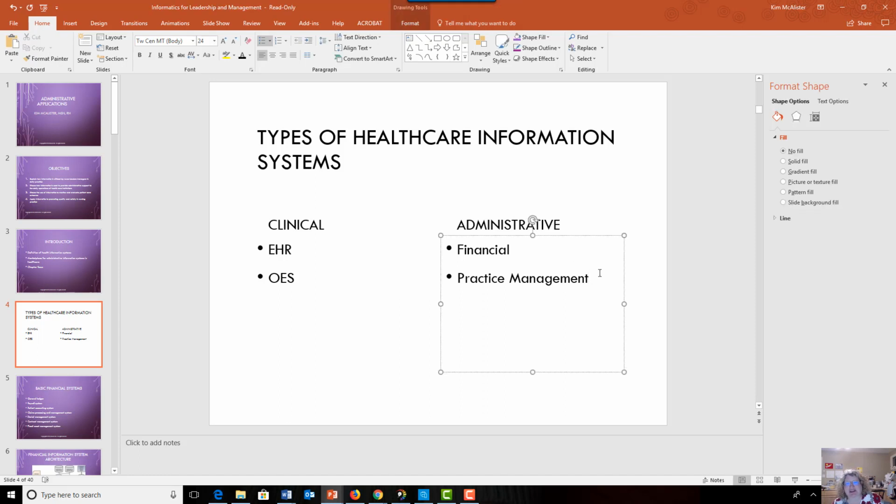On the administrative side, you have the financial part, the practice management part, the materials management part, and you also have HR, and you also have your business intelligence system, and you may have a few other things as well. But I want you to understand that these things all talk to each other. They cross each other, and they all affect each other, even when I misspell them. There we go.